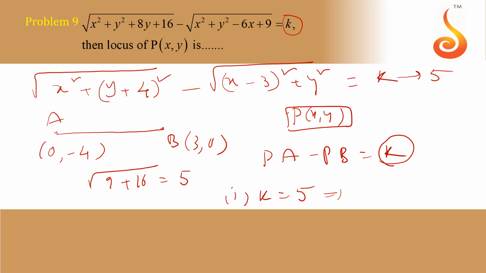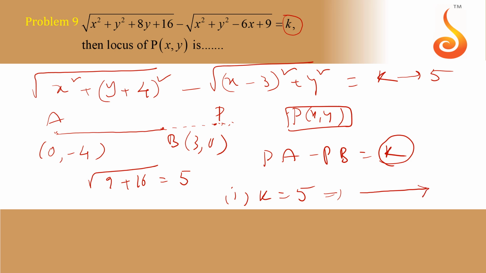So for PA minus PB, P should be on this side in the first case. Then only PA will be more than PB, so PA minus PB will be AB, which is 5. So can I say the locus of P in this case is a ray starting from B, an infinite ray.